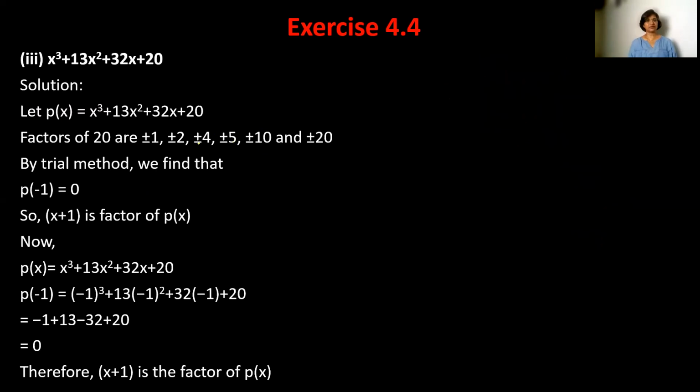So next, the third question. The third is also the same kind. So here 20. You can divide 20 as 2, 4, 5, 10 and 20. These are the factors, and 1 we can't forget. So plus minus each of them.